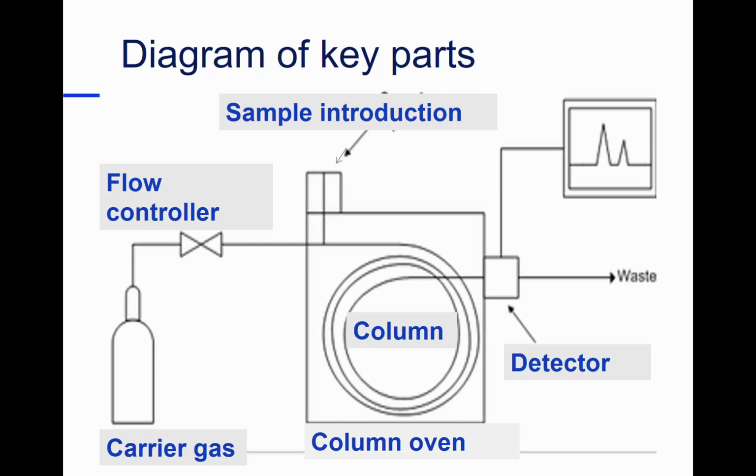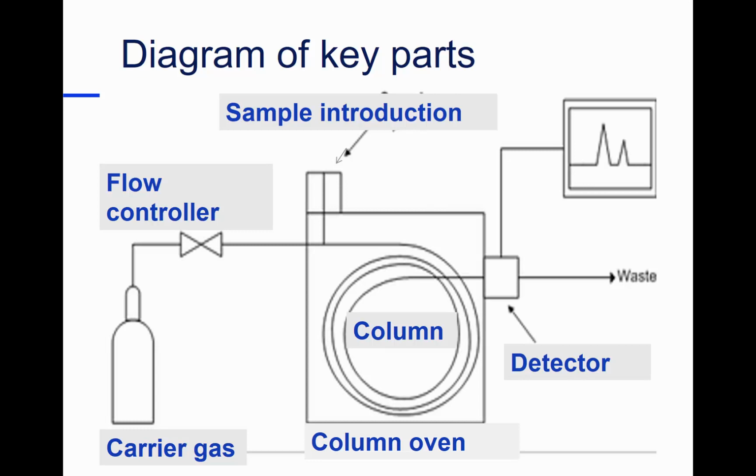We've got to have a way to get our sample in there. And so we're typically going to take a syringe, a nice small syringe. We're going to go ahead and poke it down through a rubber seal into here. And this is probably going to be 250 degrees centigrade. So that's usually hot enough to make things go poof, basically vaporize. So they get vaporized in this gas stream.